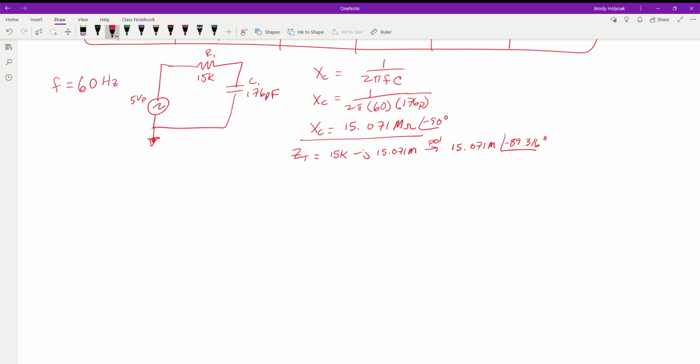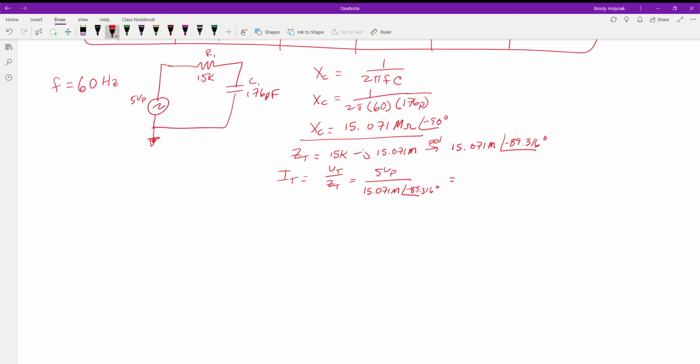So now that we have that, let's solve for our current total, because once we have our current, we can find the voltage drops across these components. So remember, current total is equal to the voltage total divided by the impedance total, which we just found. So we have 5 volts peak, and we're going to divide this by 15.071 meg at negative 89.316 degrees.